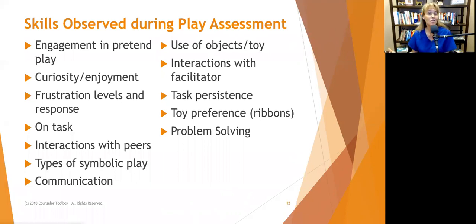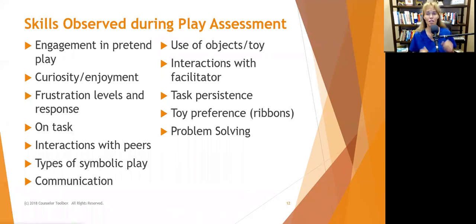We can see how long they can stay on task, developmentally appropriately, of course. We can look at interactions with peers if we're observing play at a playground or at the daycare. We can look at types of symbolic play, communication skills, how they use objects and toys. And remember, they're not necessarily going to use everything the way it's supposed to be used, as we say as adults.